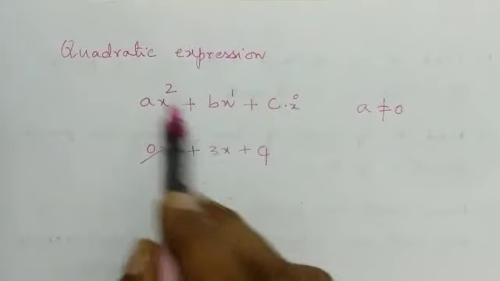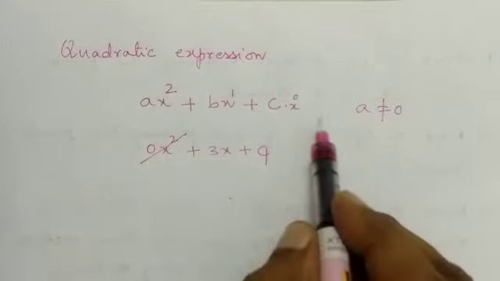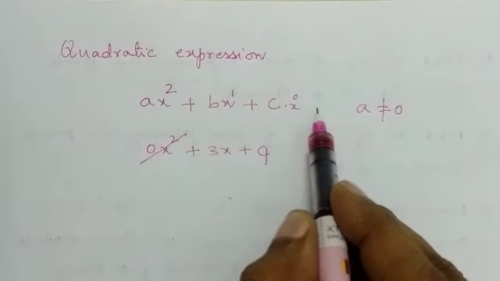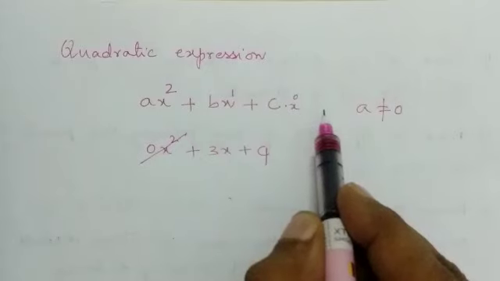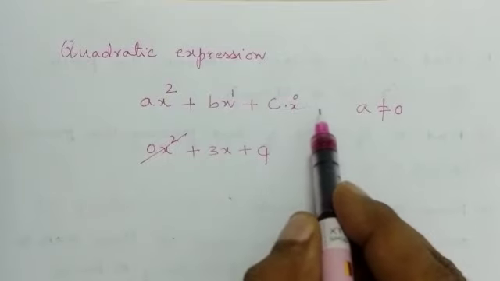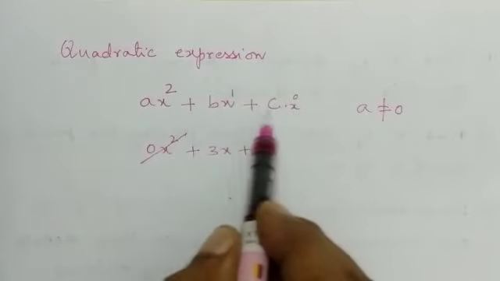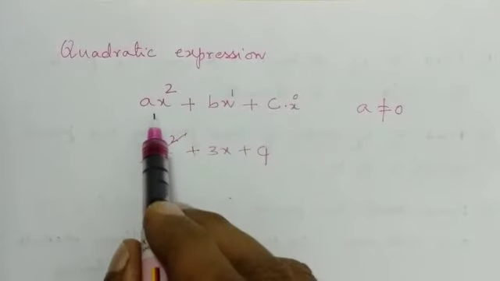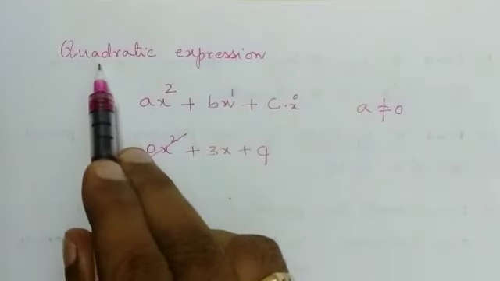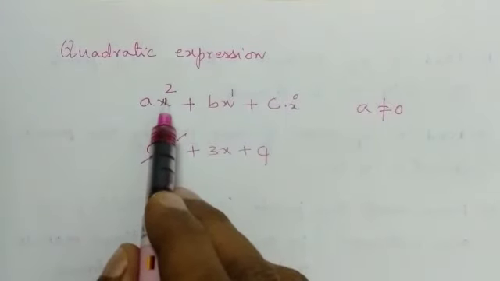Such an expression is called quadratic, which means here you may not have any sign, like equal to 0, or greater than 0, or less than 0. Without having any sign at the end of this, it is treated as an expression. Why are you calling it quadratic? Highest power of x is 2.